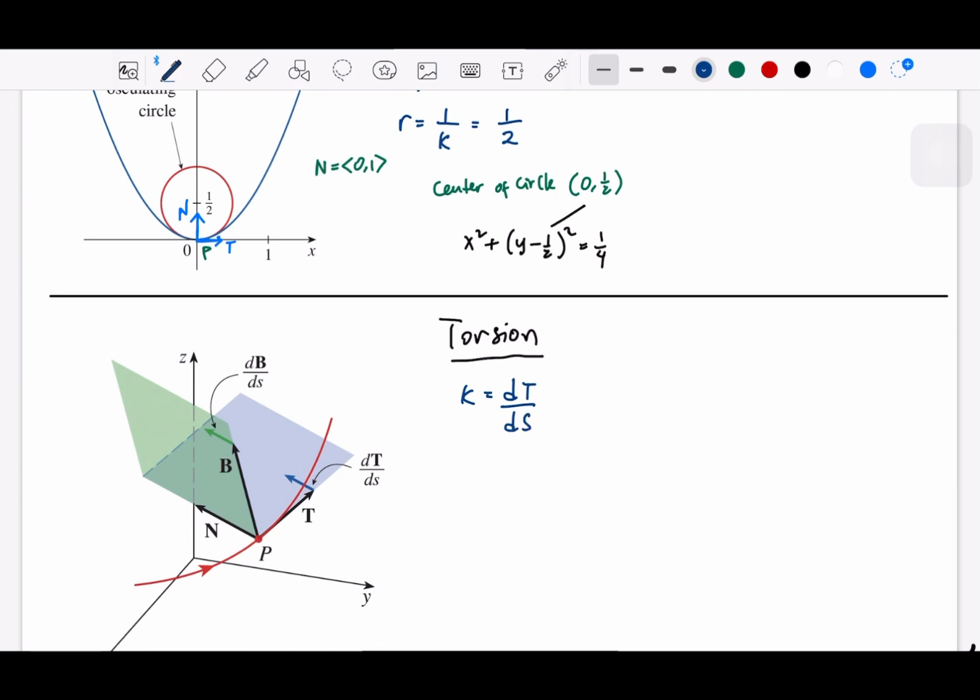The change of the tangent vector with respect to the arc length, right? So as long as we move this point P, the tangent vector will also change, right? So we are going to see that the curvature will indicate how the curve will bend, okay.